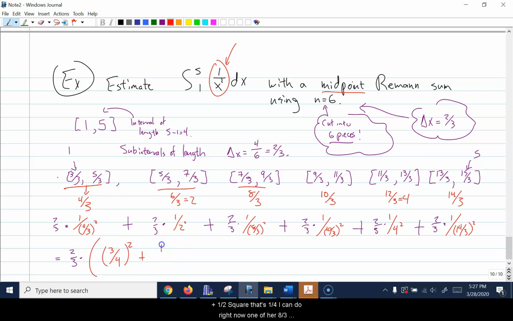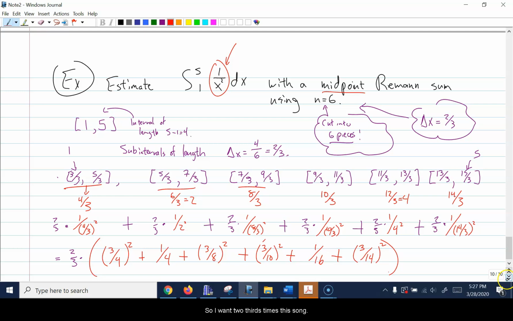Plus 1 over 2 squared, that's a fourth. 1 over 8/3 squared, 1 over 8/3 is 3/8, so this is 3/8 squared. 1 over 10/3 squared is 3/10 squared. 1 over 4 squared is 1 over 16. 3 over 14 squared. So I want 2/3 times this sum.